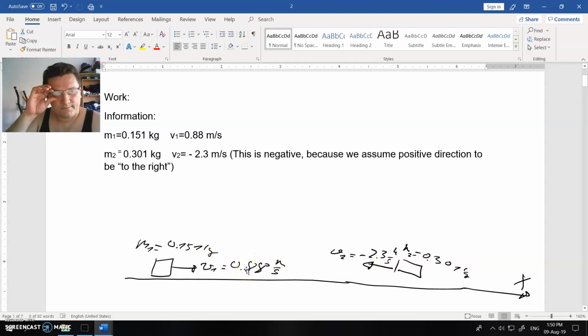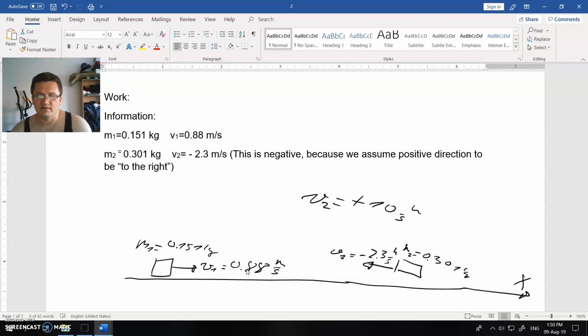Furthermore, when we get the result, let's say V2 is equal to plus 10 meters per second. What does it mean? That means it will go in this direction, and this will be its speed.